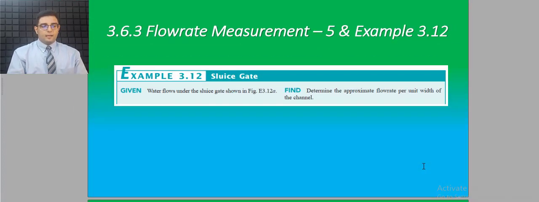Let me have example 3.12, which is about the slice gate, solved for you in order to give you the demonstration appropriately. So follow me with the written text.